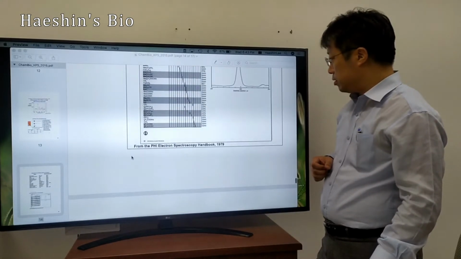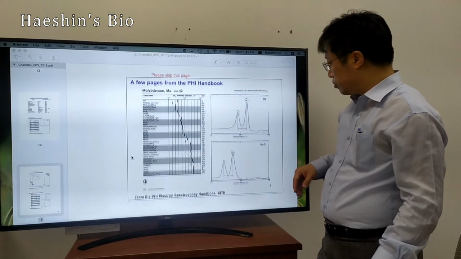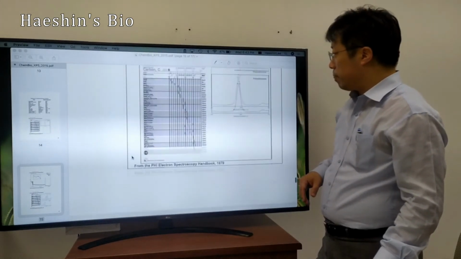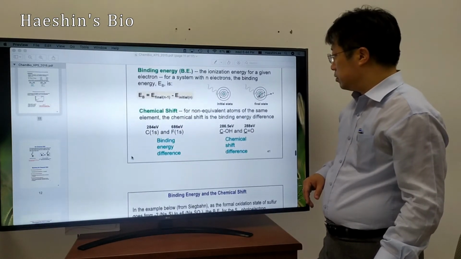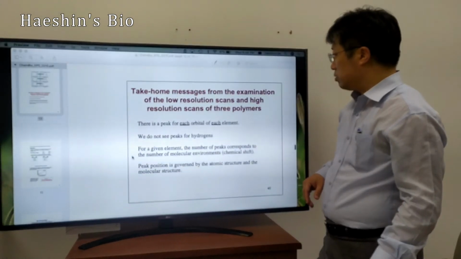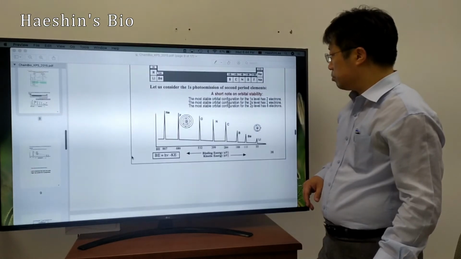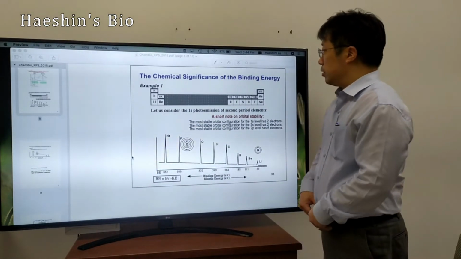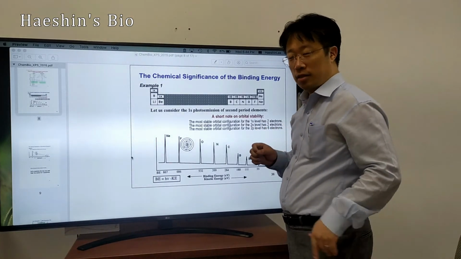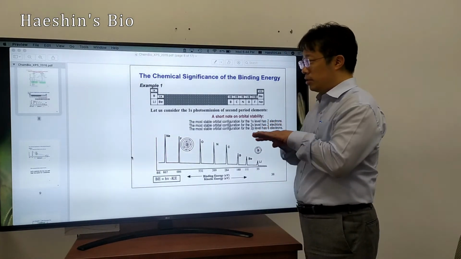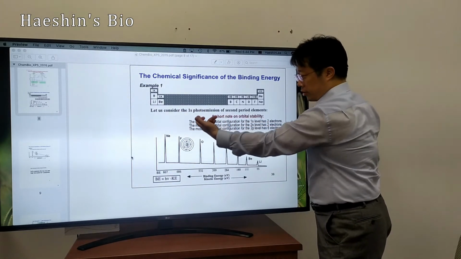Okay, I mentioned this. So there are some examples in here. There's a point actually. This binding energy, for example, is like what we learned in general chemistry classes about the periodic table: the binding energy goes higher in these directions.